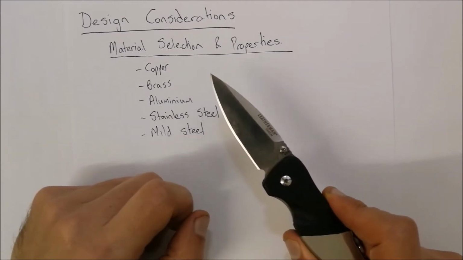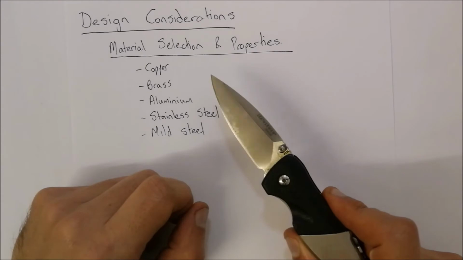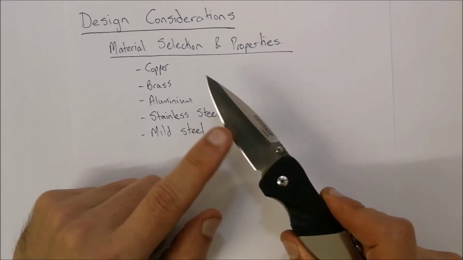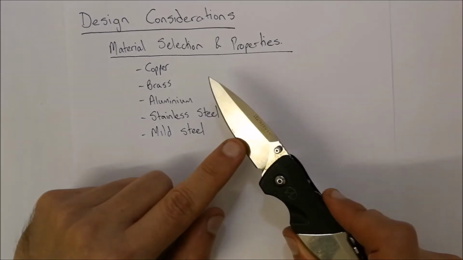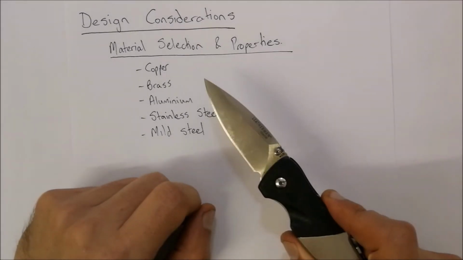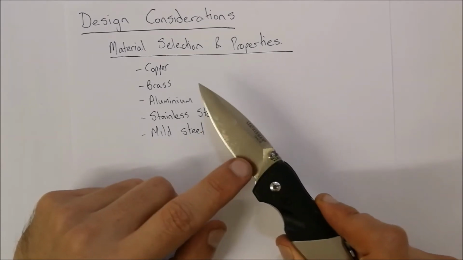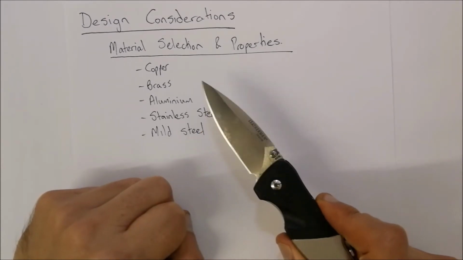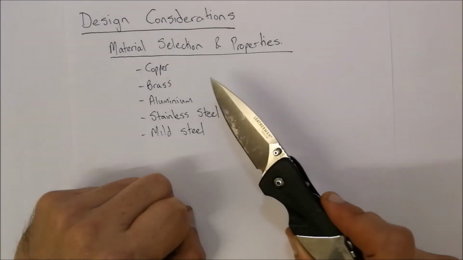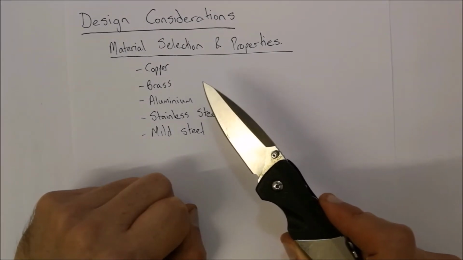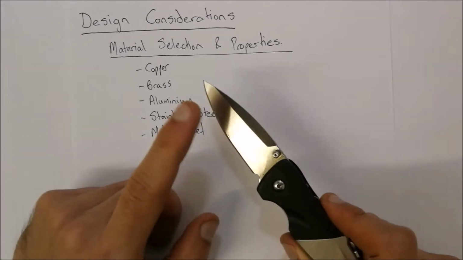It is heavier, much heavier than, let's say, the copper, brass, aluminium, or mild steel, and it's not supposed to rust. I say not supposed to rust because you do find sometimes that knives, for example, which are made from stainless steel, will be able to rust. You leave it out in the rain, leave it outside for a couple of days, and you'll see rust forming on top of it.